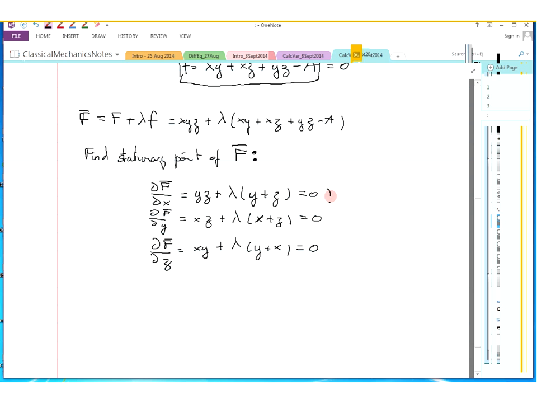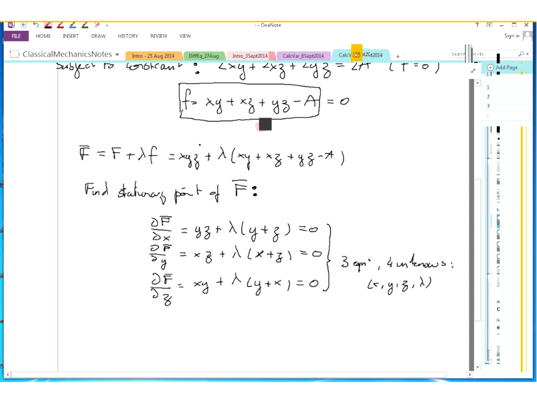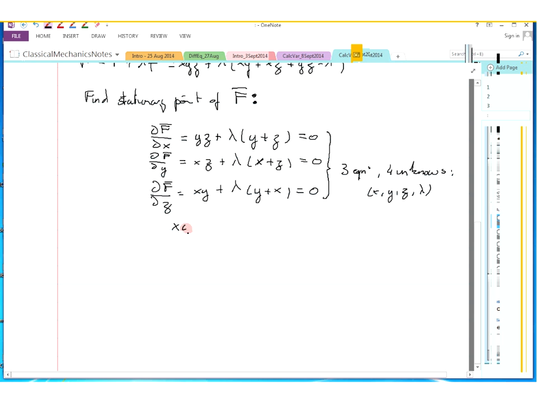Okay, so here we have 3 equations and four unknowns. We don't know x, y, z, and lambda. However, we have one more equation, which is the constraint equation. This is also an equation that we can use.